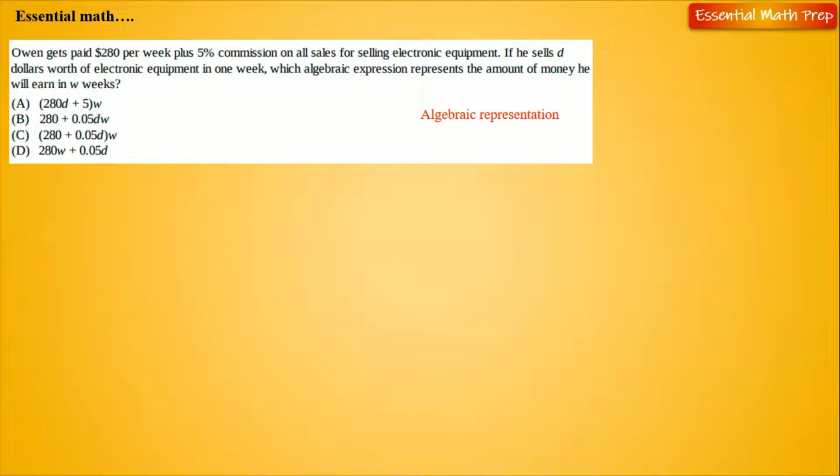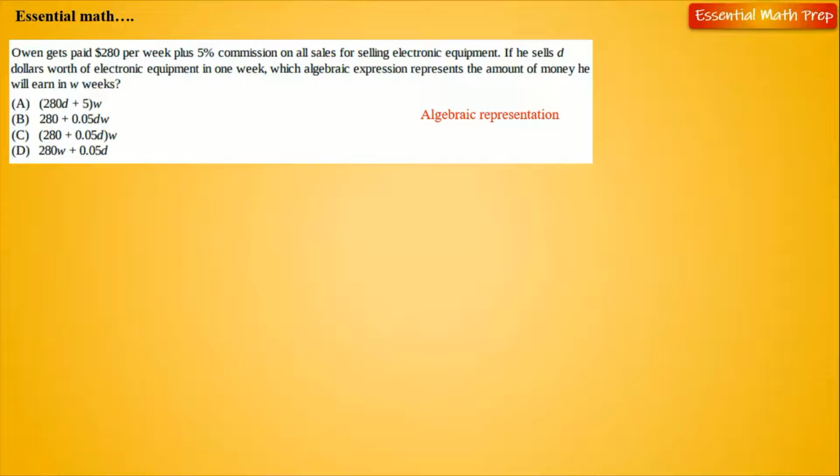So the basic salary of the person is $280. So we cannot modify that salary. Even if the salesman were to not make any sales at all in a particular week, he gets to take home $280. So the basic salary cannot be manipulated directly through addition, subtraction, multiplication, or division through a variable.